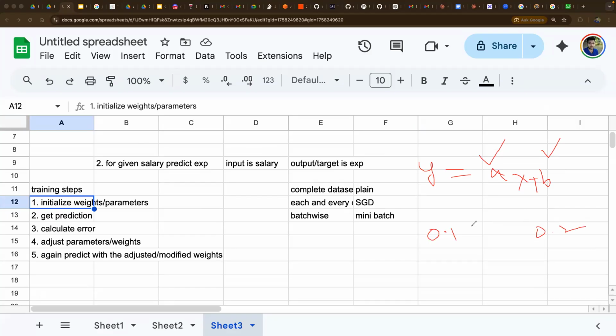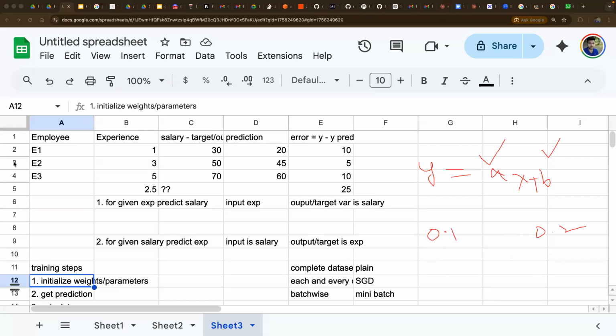Then we calculate what is the error. Here x is for the first data point. For the first data point, you can see it is 1, right? So 0.1 into 1 plus 0.2. How much is it? 0.1 plus 0.2, it is 0.3. 0.3 is our prediction for 20. Actual value is 20. So what is the error? 19.7.